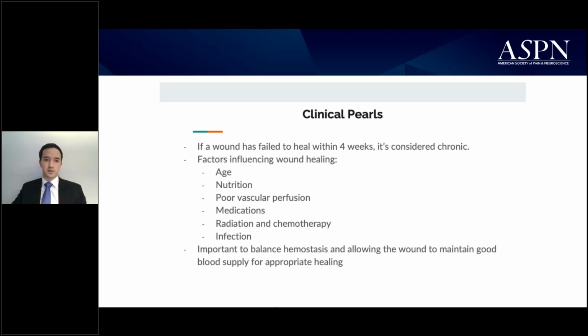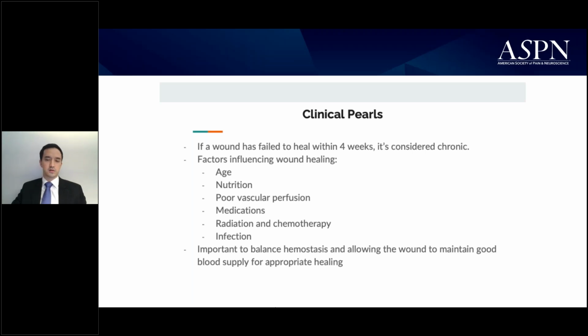Poor vascular perfusion, as with diabetes or peripheral vascular disease, can also contribute to delayed wound healing. Various medications, such as immune modulators, may impair wound healing. Obviously, radiation and chemotherapy may pose obstacles due to fibrosis, immunosuppression, and tissue damage. And infection will certainly delay wound healing due to increased tissue damage and prolonged inflammation at the wound site.